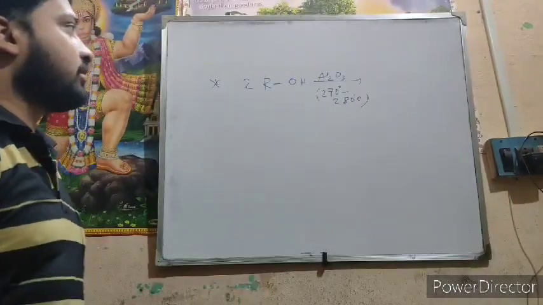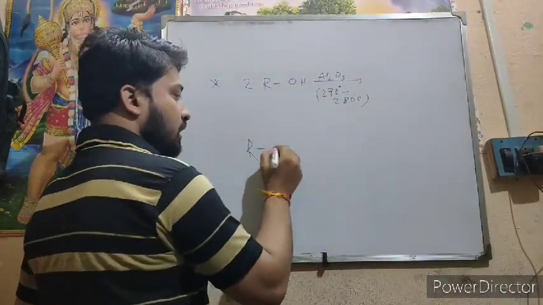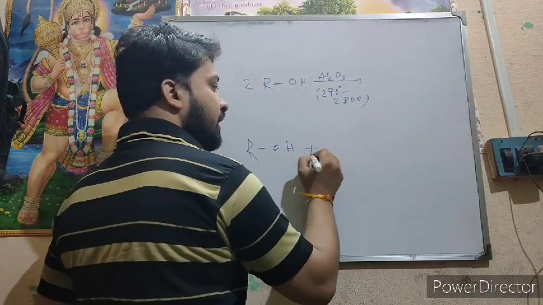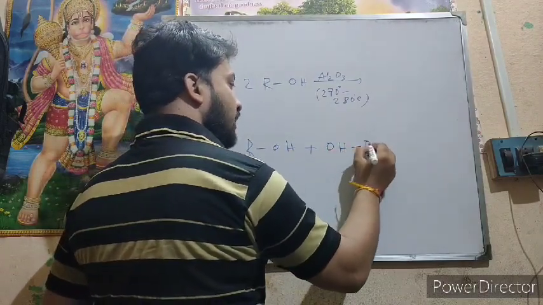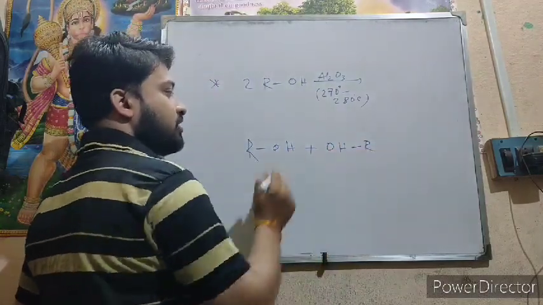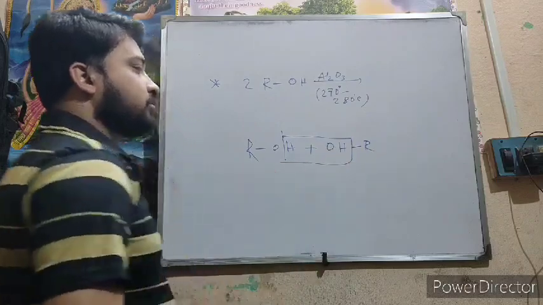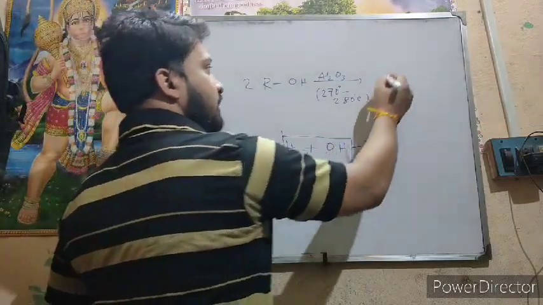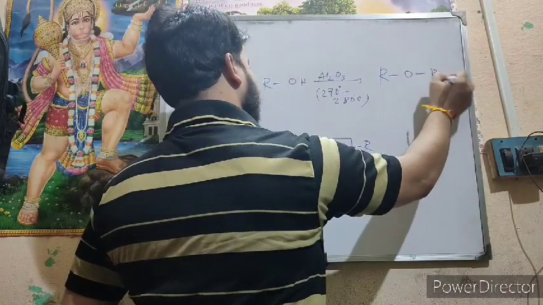You get ROH plus HOR, and if a water molecule is removed, the product is ROR.